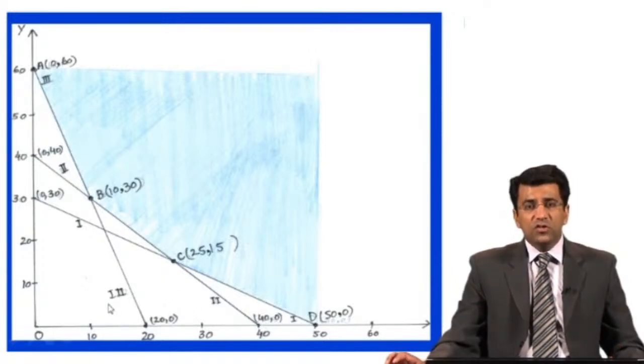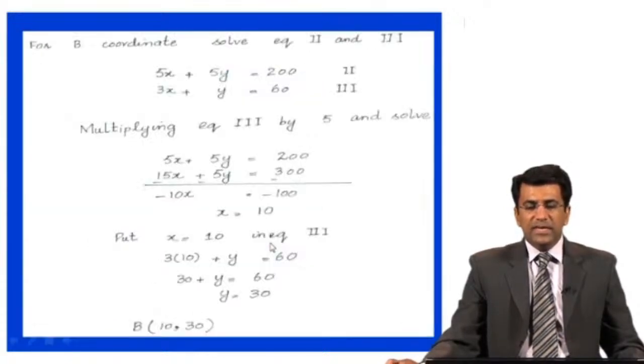Now our cost will be minimized at one of these points. But in order to identify the optimal point, we have to calculate the coordinates for point B and point C.